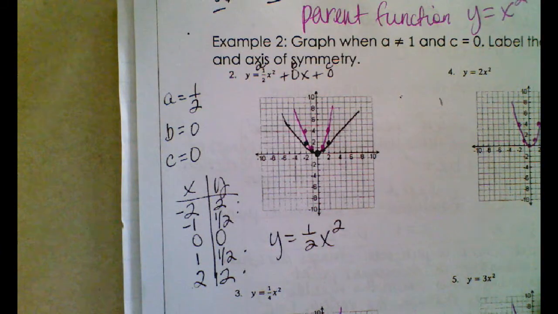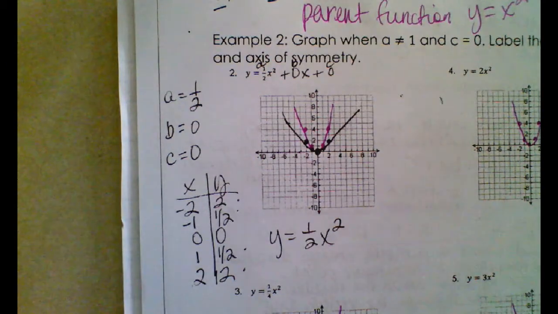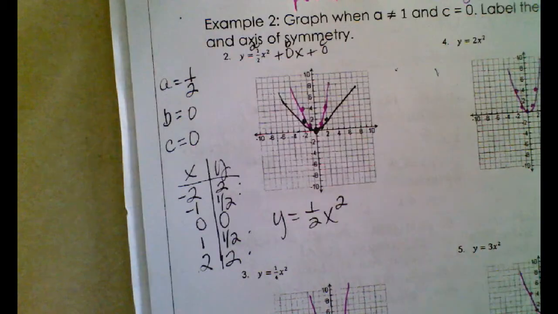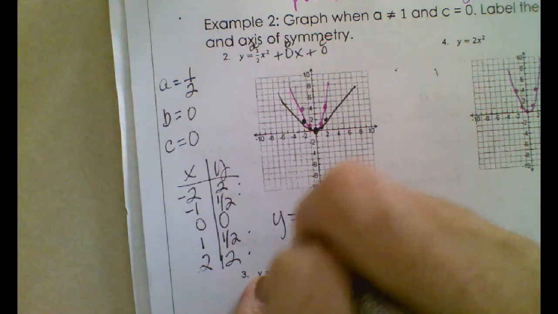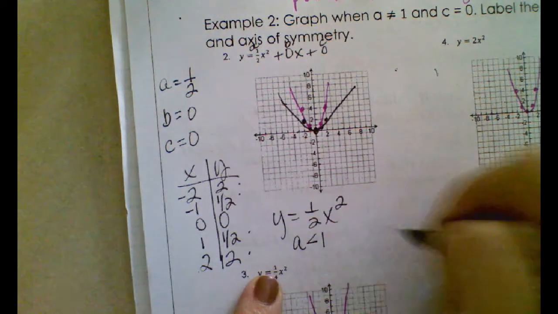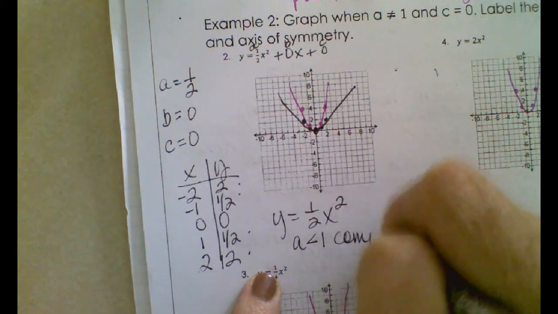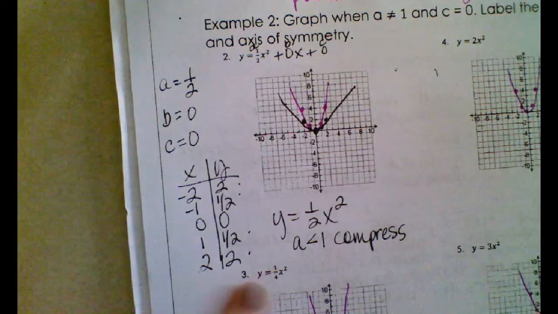It gets flat on one side when they hit it. I love slow motion stuff. So the deal is when this A is less than 1, it's going to compress. It's going to make it flatter.